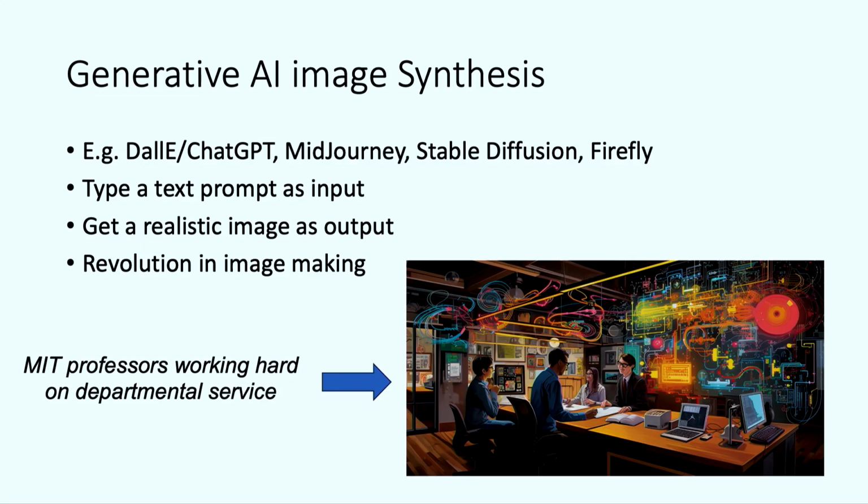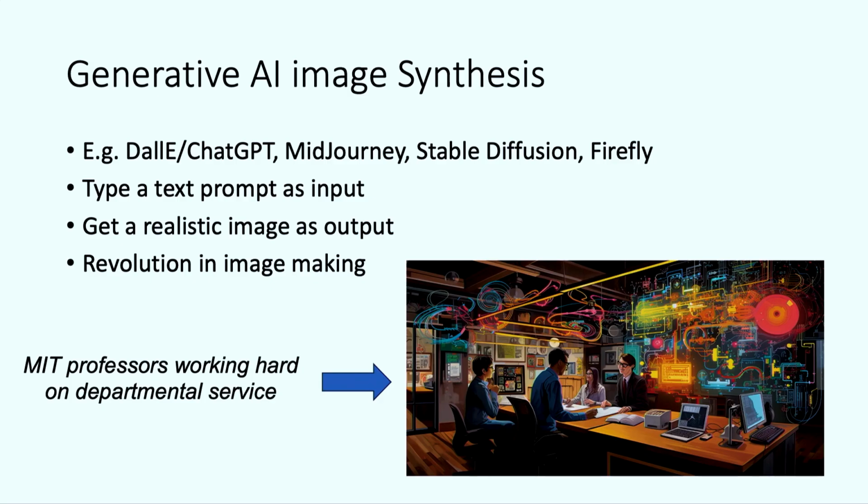So I'm sure you're familiar with things like ChatGPT, DALL-E, Midjourney, Stable Diffusion, etc., that allow you to type a text, like "give me an image of MIT professors working hard on departmental service," like I needed for slides the other day. And that's all you have to specify. And these models can generate images out of nowhere.